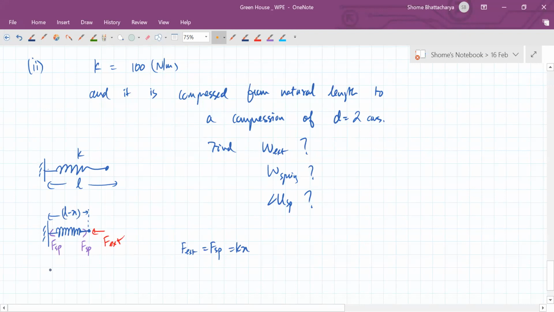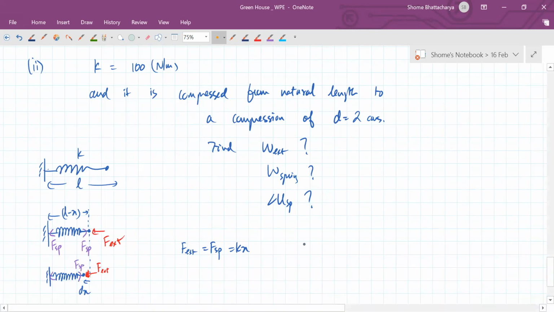Okay, now from here, if I compress it further by a small displacement of dx, so again, you can see it is my external force which is doing the positive work. The internal force is doing negative work, and hence the potential energy of the spring is increasing.